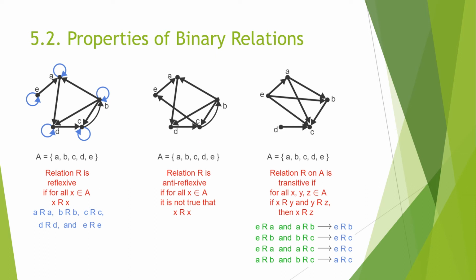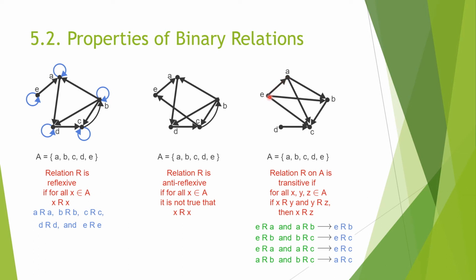And finally, this third example represents a relation that is transitive because for every three elements x, y, and z in the domain A, if x is related to y and y is related to z, then x is related to z too. For example, consider this arrow.